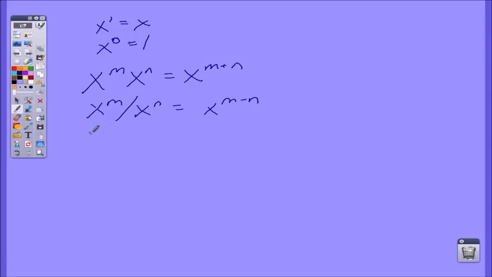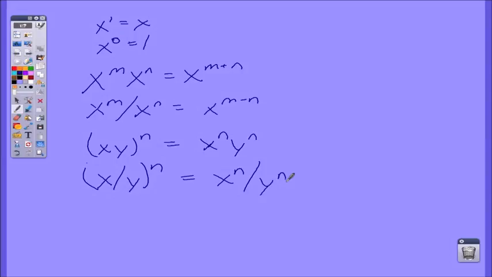Then the distributive rule, xy to the nth is equal to x to the nth times y to the nth. The quotient rule, which states x divided by y to the nth is equal to x to the nth over y to the nth.